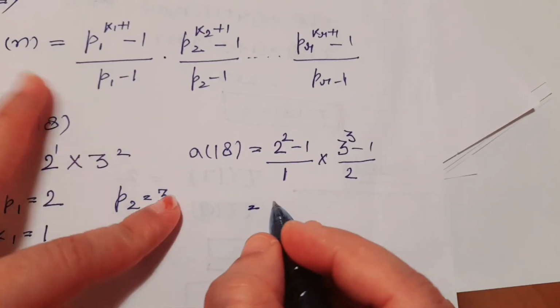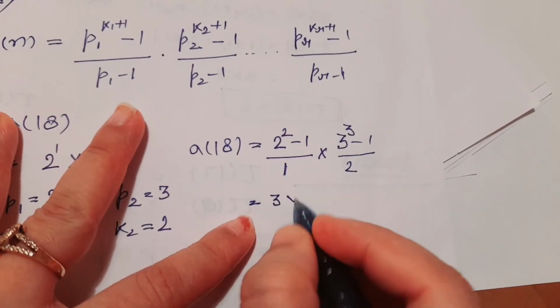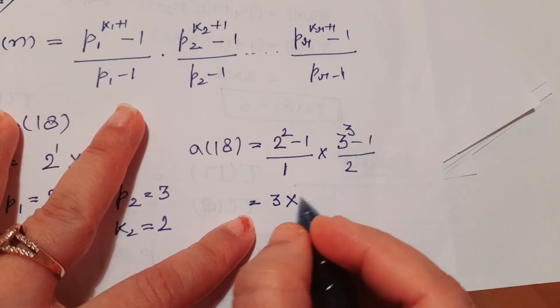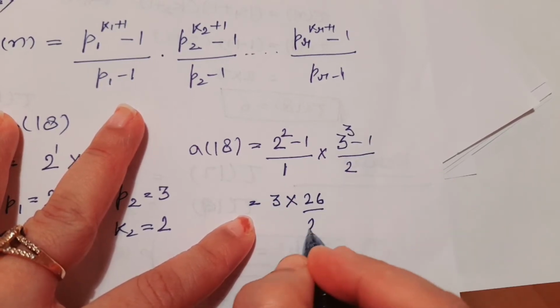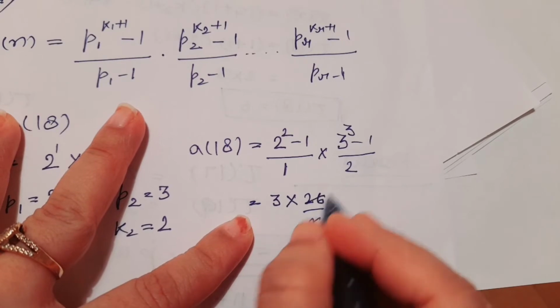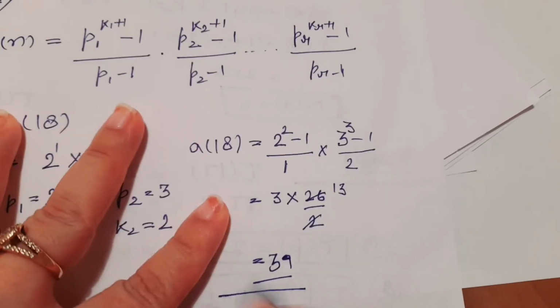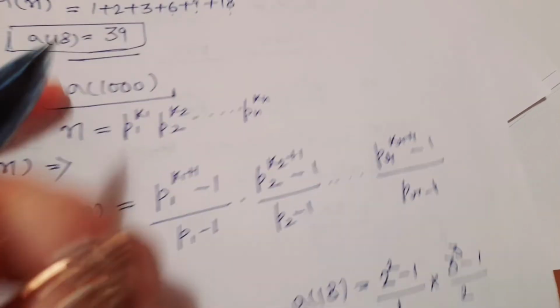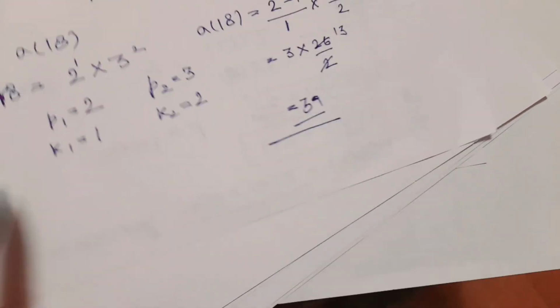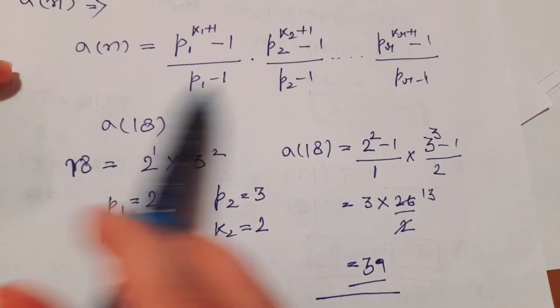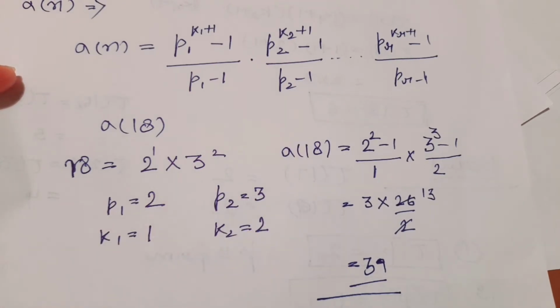So this will be 4 minus 1, 3, multiply 27 minus 1, 26 by 2. When you cancel it, you will get 39. So this was 39 only, sigma of 18. We can calculate by this formula as well.